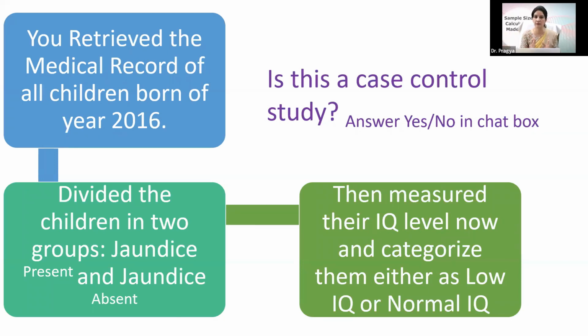So be careful. For any research question, try to dissect the two components, the exposure and the outcome. If you are successful in dissecting your research question into exposure and outcome, then things become very easy. So yes, the answer to this question will be no.